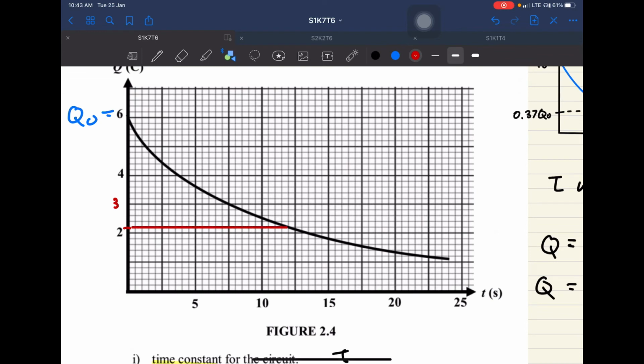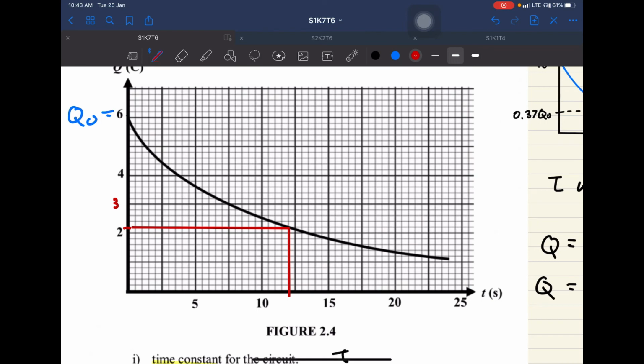Maybe over there. And then if we bring it down, this one is 15 and 10. If you're not sure, you just do 15 minus 10, and then divide by the number of boxes over there. How many boxes are there? 10.